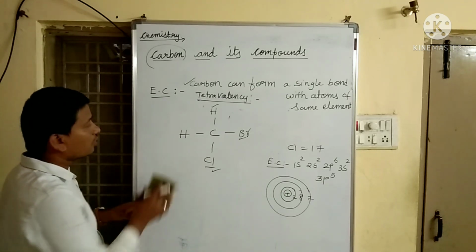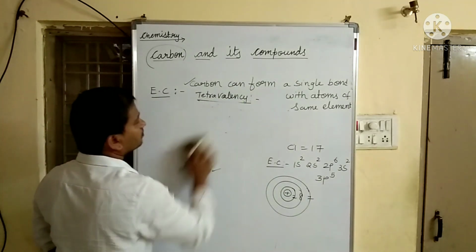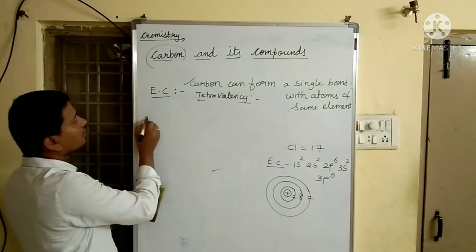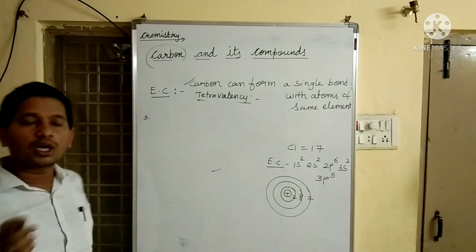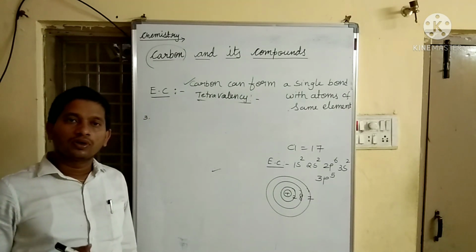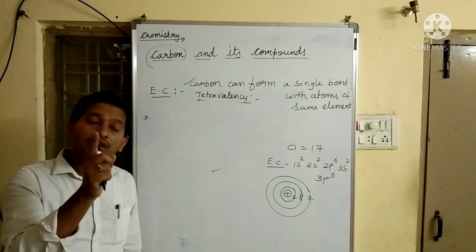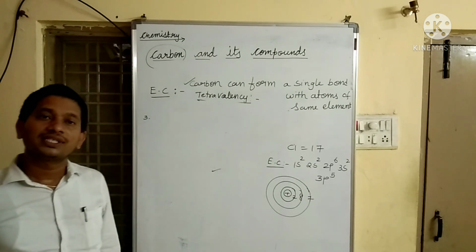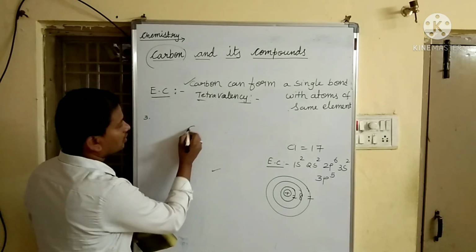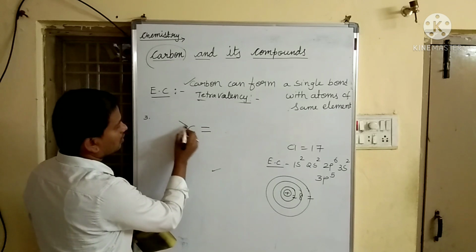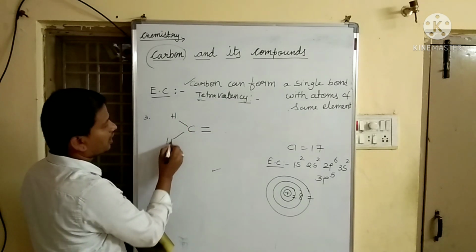Okay. And one more point, the third point: carbon can also form one double bond and 2 single bonds. For example, see hydrogen, hydrogen.